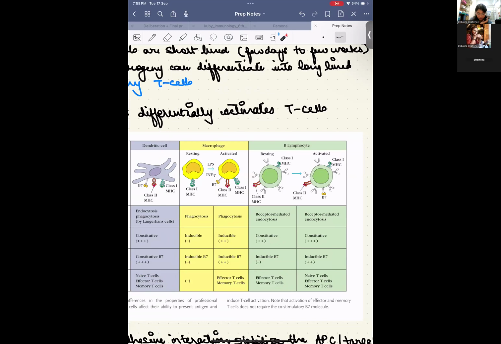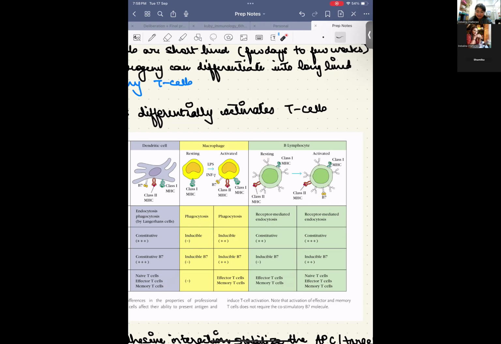Because they already recognize the antigen from their prior response, they are able to recognize this antigen. So effector T cells and memory T cells can be activated by your resting B lymphocytes.